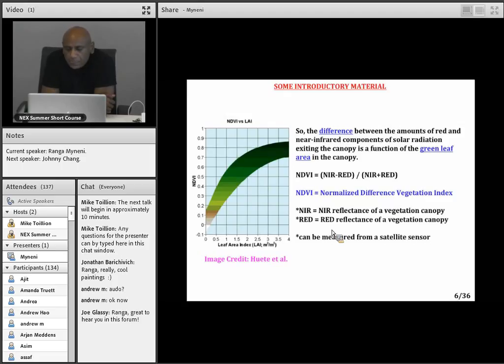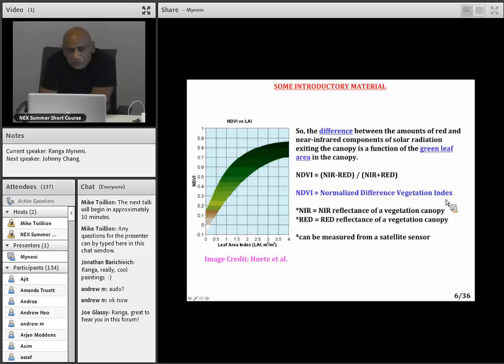So one could think of a very simple index where you just take the difference between the red and the near-infrared, and that difference is proportional to the amount of leaf area or the amount of radiation that is absorbed, or what have you, if you work out the equations, and just normalize it by the sum of the reflectances at those wavelengths. And you get an index which is called the normalized difference vegetation index.